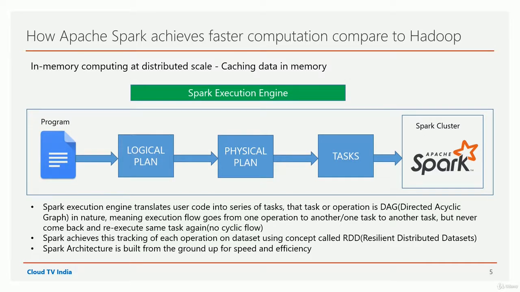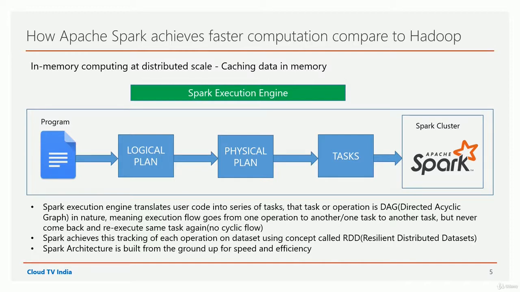Okay, then Spark achieves this by tracking each operation. It is going to build the DAG, so the tasks will be in terms of DAG. How it builds this is based on a new abstraction layer called RDD, a new concept. RDD means resilient distributed dataset.